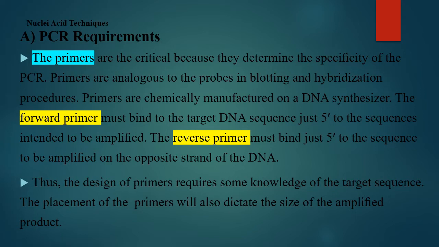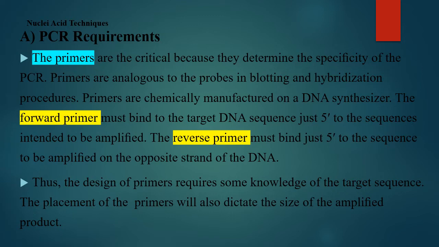Then the reverse primer, which is on the opposite strand, would also bind at the 5'. So there's a particular portion you want to copy. On the left hand side, if the 5' is there, the forward primer binds there. Then on the lower strand, the other 5' end has to also be bound. So by the time they all move, the portion of the DNA that you want to replicate has been produced.